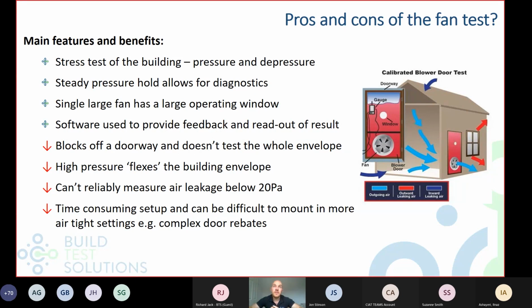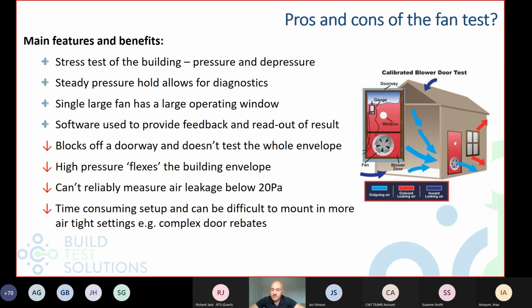Perhaps drawing air in through service penetrations and down through service voids and things. Pressurization, however, you're perhaps pushing window seals out, you're testing those rebates in the other direction, or you're pushing the loft hatch up and testing the latches. And that's extremely useful to be able to push and pull on the building fabric like that at pretty high pressures.